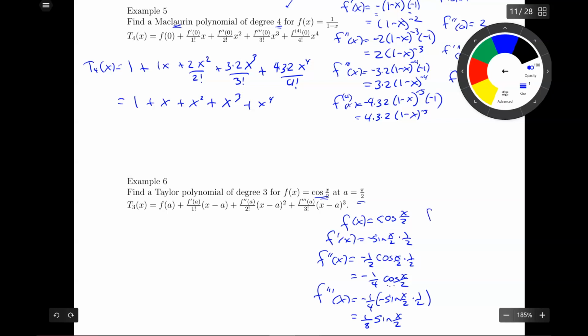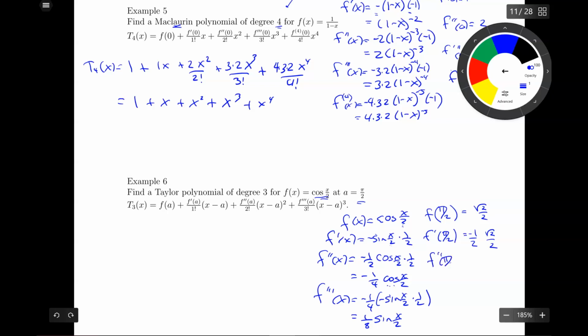So remember, I'm plugging in pi over 2. Putting in pi over 2, that's going to give me cosine of pi over 4. So that's root 2 over 2. So the first derivative at pi over 2, I'm going to have the negative 1/2, and then I'll have sine of pi over 4, and that's going to be root 2 over 2.